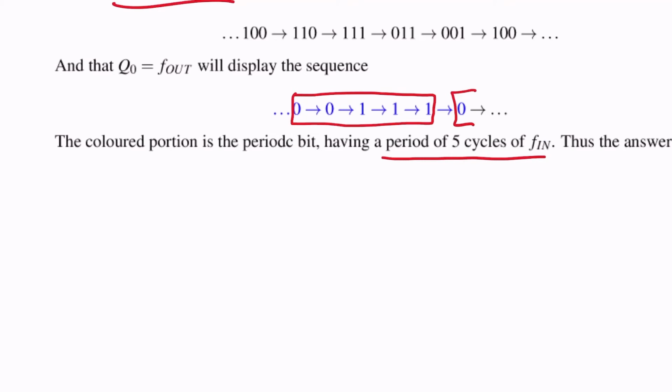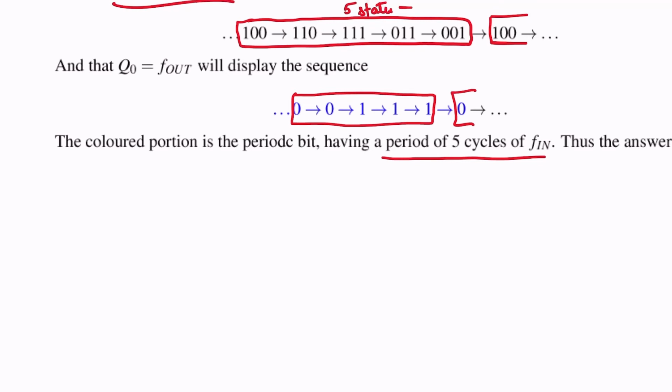As shown in that table, it is 100, 110, 111, 011, 001 and 100, right? This is one cycle, and this is the start of the next cycle. So one periodic cycle lasts for 1, 2, 3, 4, 5 states.